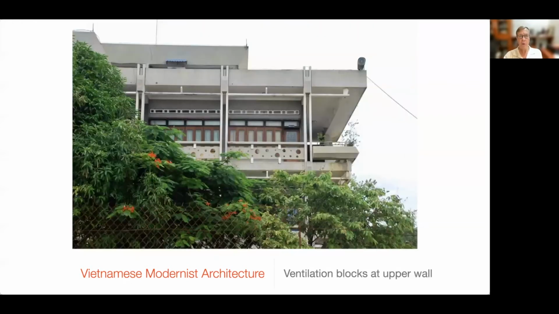Almost all Vietnamese modernist buildings in the mid-century used ventilation louvers high on the exterior wall at each level, but they were often unobtrusive in design and often hidden by elements such as shading or decorative purposes, especially in double wall construction.